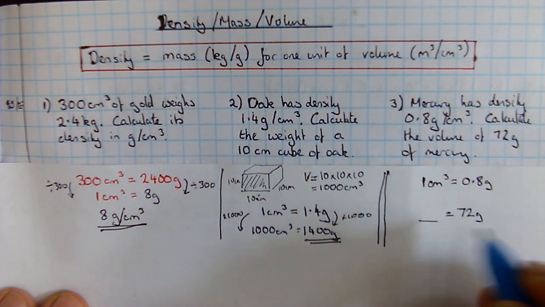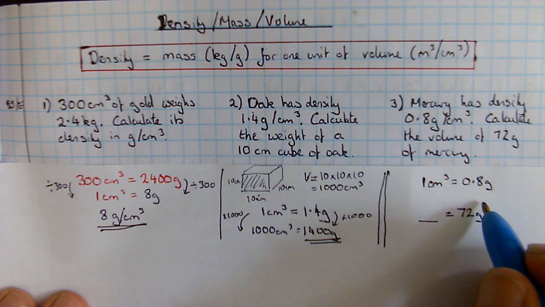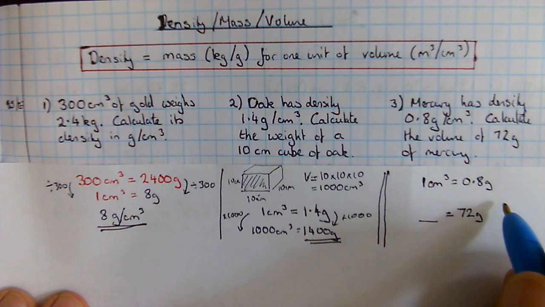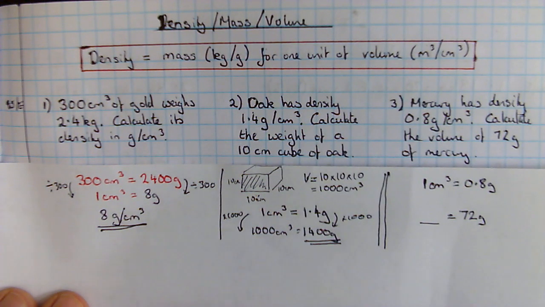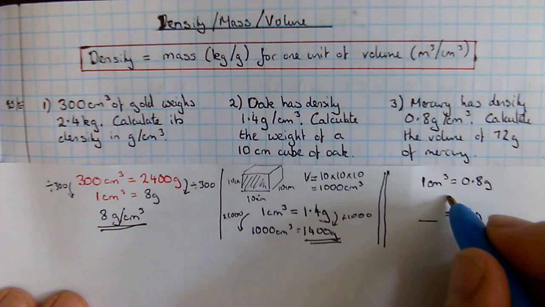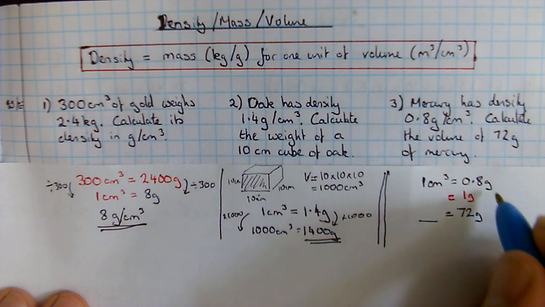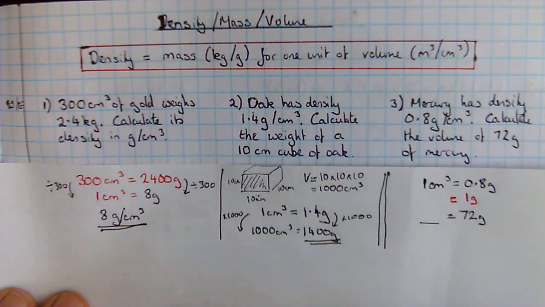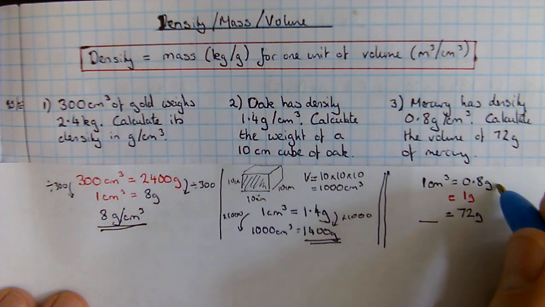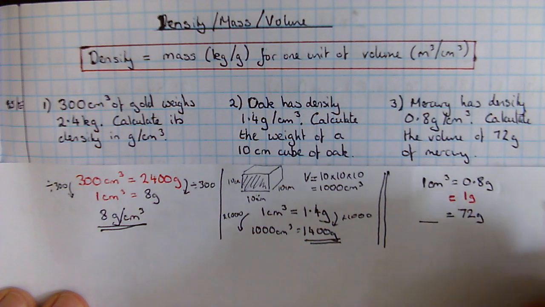Well, this is a bit more difficult, and the way we do this is use the unitary method. So I'm going to put in a middle step, which is going to be to find out what the volume is of 1 gram. Well, what can I divide by to give me 1? Well, anything divided by itself gives me 1. So I'm going to need to divide by 0.8.